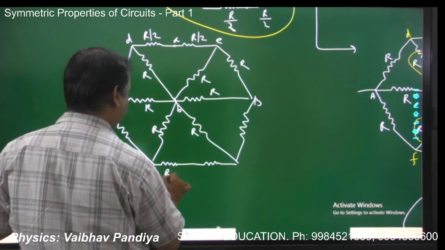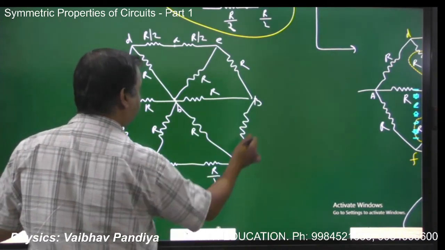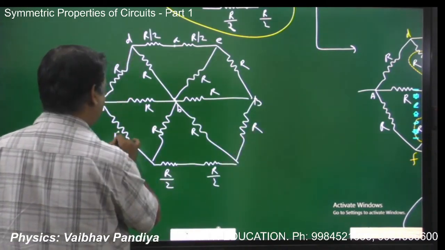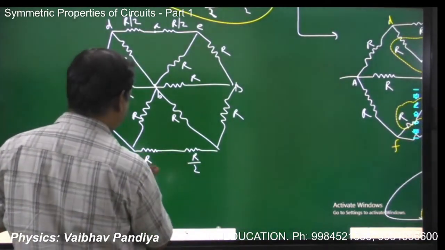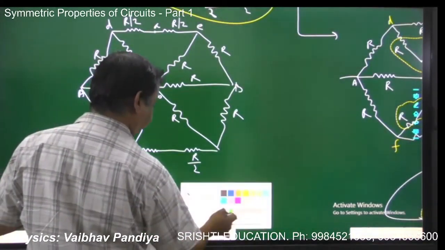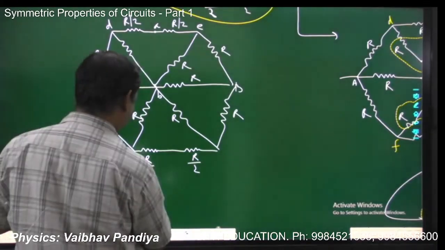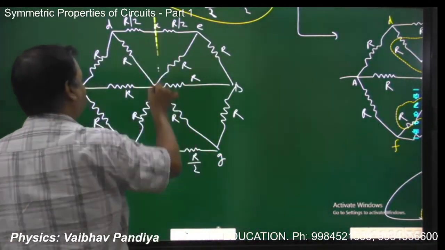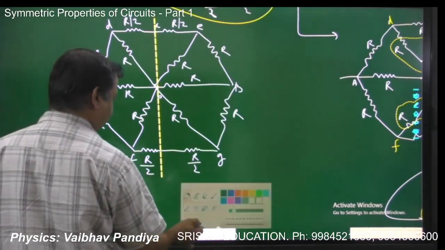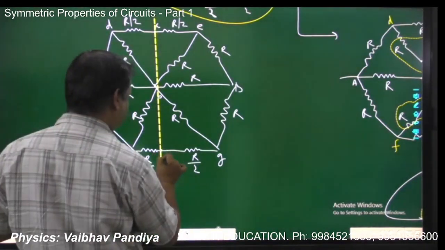R by 2, R by 2, R, R. And this is point here, F, G, and this is your axis of symmetry, and this is a point C, correct?